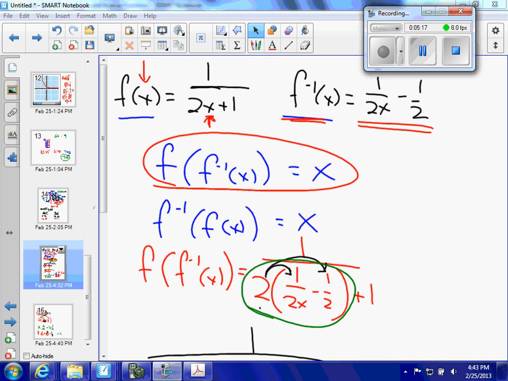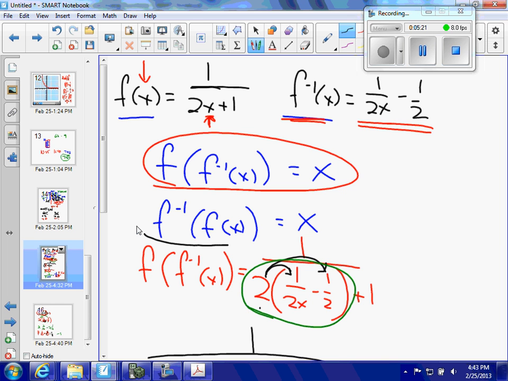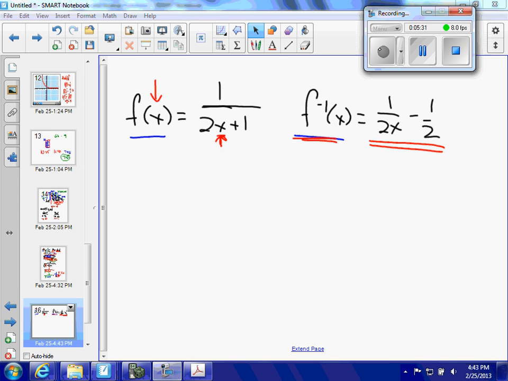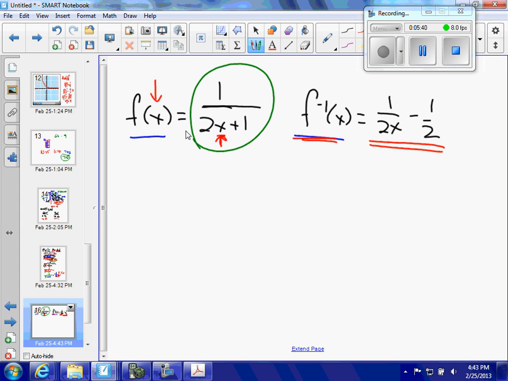So going back to verifying my inverse here, now I want to do f minus 1 of f of x. How am I going to write that? Well, get myself a clean board again, and I want f minus 1 of f of x. So I'm going to take f of x here and plug it in every time I see x in my f minus 1 of x.